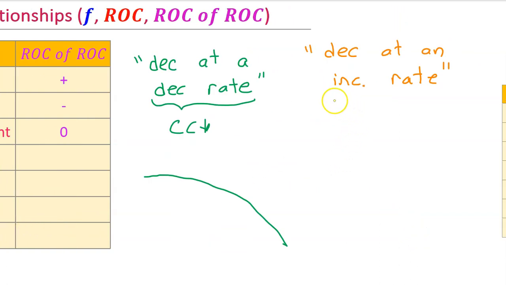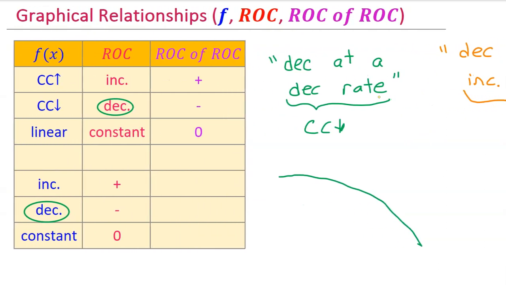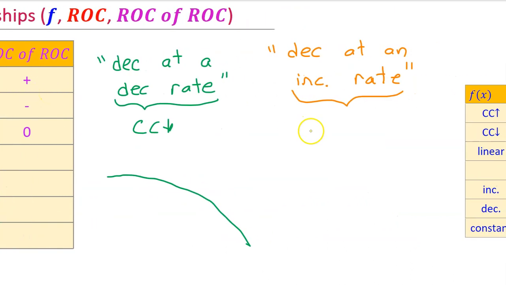Just for comparison, if they told us that a function was decreasing at an increasing rate of change, that means that the function is concave up. So we would know the function was concave up because of the increasing rate of change, but it's still decreasing. So we would know the curve would look like this, decreasing, but concave up.